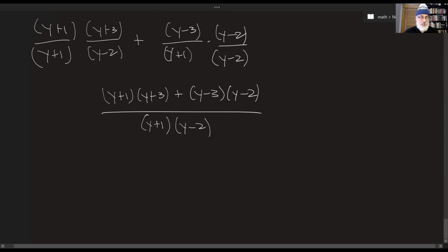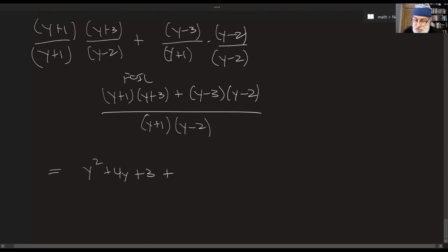Let me scroll up a little. So let's multiply out the numerator just to see if there's things that cancel, if it's possible to refactor once we've multiplied. Let me put that down here. So I'm going to FOIL this, which gives us y squared plus 4y plus 3.